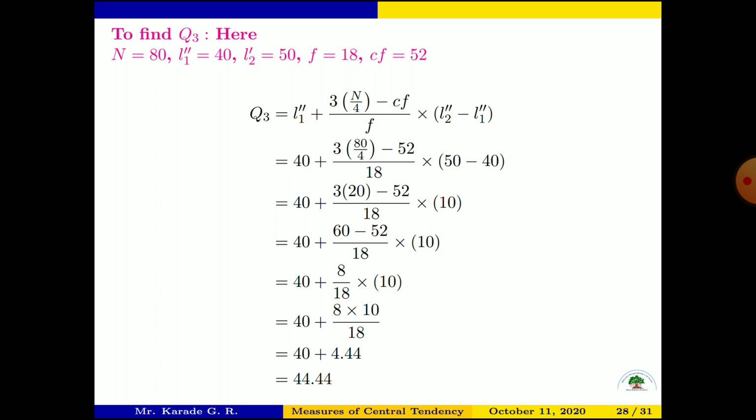And again we put all these values in the formula. Q3 is equal to L1 double dash plus 3 into n by 4 minus CF upon F into L2 double dash minus L1 double dash, and do the calculation as we have discussed previously. You will get the third quartile Q3 is equal to 44.44.